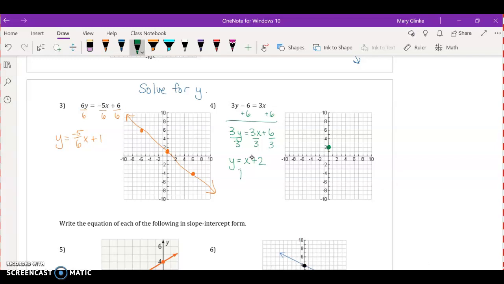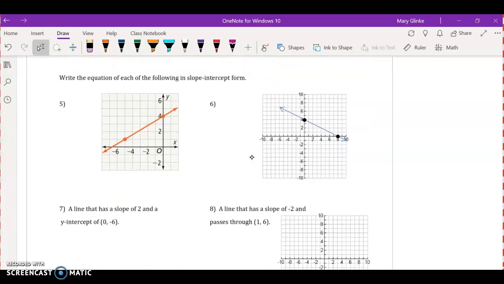My slope here, if there's nothing here, that means my slope is 1. There's an implied 1 in front of here, which means it's up 1, right 1, and down 1, left 1. So you plot the points and connect the line.